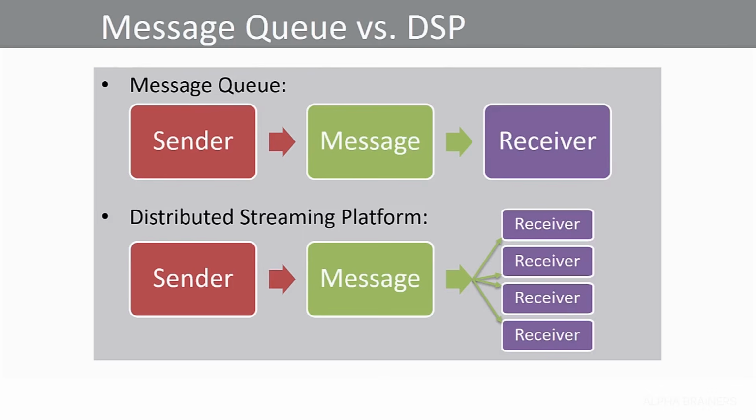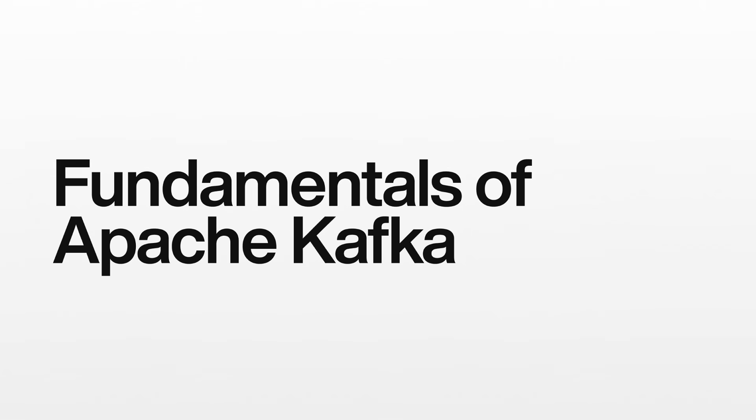So the distributed streaming platform will allow us to have multiple receivers of information. We'll see a little bit later on, we don't really call them senders and receivers. You may call them other terms instead, like producers and consumers, for example, but the overall concept is similar to what you see on the screen right now.